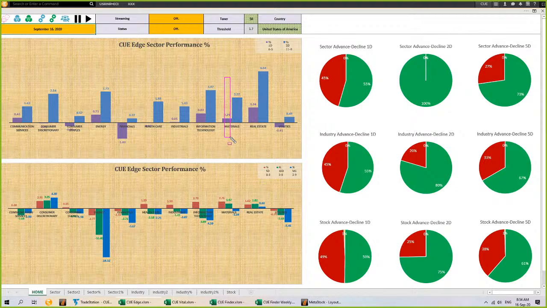Materials was not that strong yesterday. Real estate was strong, both yesterday and over 2-day periods, real estate seems to be the strongest. So why don't we drill down into real estate? I might have taken a position in one of the real estate stocks recently. Let's see if I can find it from here.